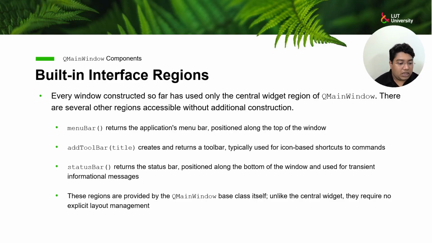Most applications have a menu bar across the top, and many of them have a toolbar just below it, and almost all of them have a small status bar at the bottom. If we want a menu bar, we simply call this menu bar. If we want a toolbar, we call this one. If we want the status bar, we call this one.